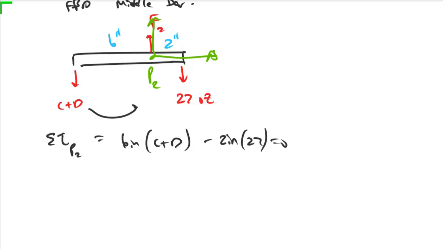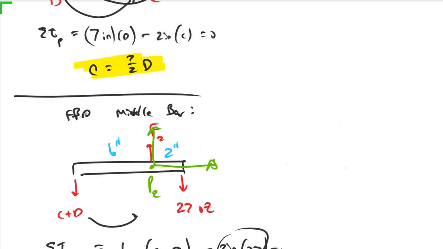And so then we can say here, just solving, C plus D is equal to 9. This comes out to 54 divided by 6, right? So this is equal to 9.